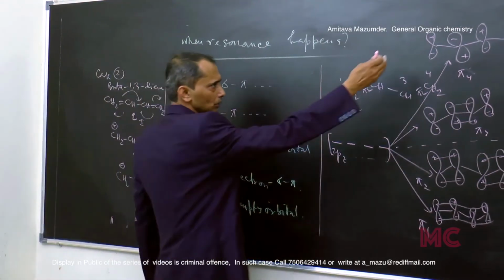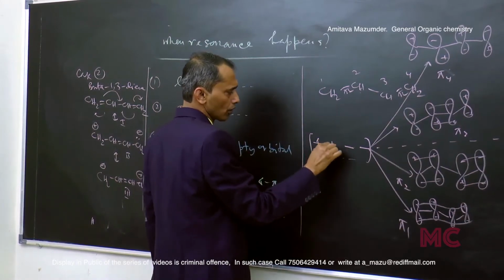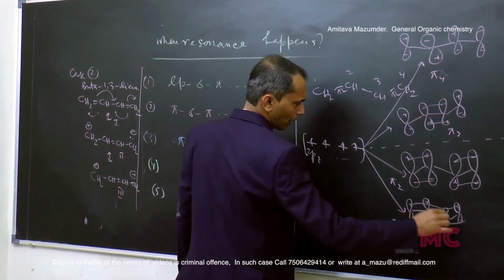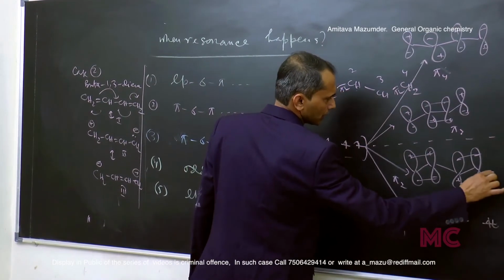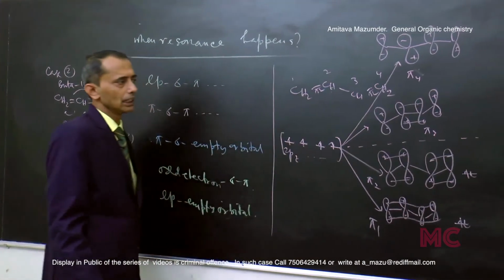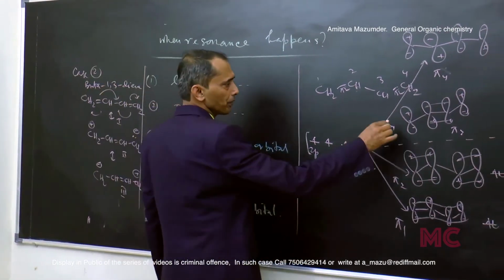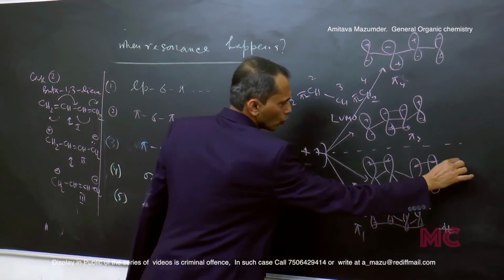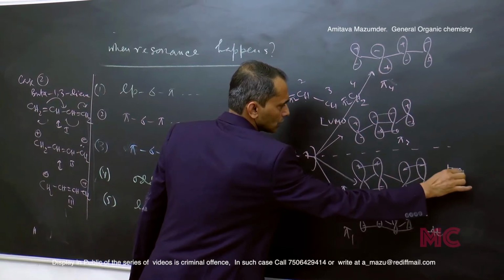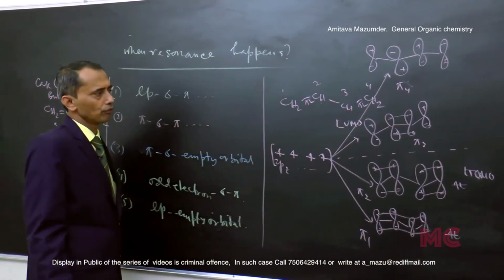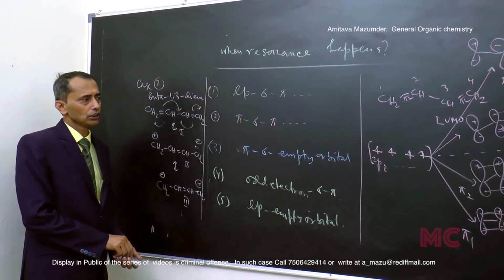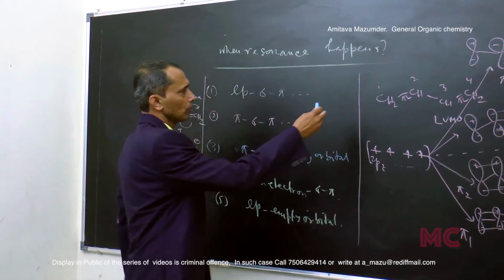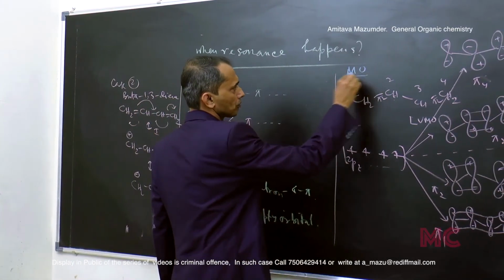This is the most unsymmetric situation, and since we know 4 pi electrons are there, 2 pi electrons will occupy pi 1 and 2 pi electrons will occupy pi 2, and the anti-bonding MOs are unfilled. This is called LUMO, and this is called HOMO. This situation arises in buta-1,3-diene, and this is the MO diagram.